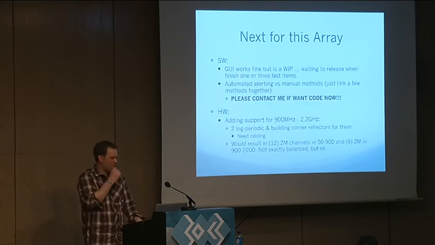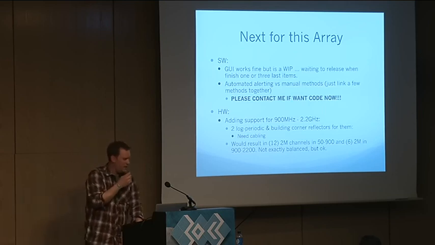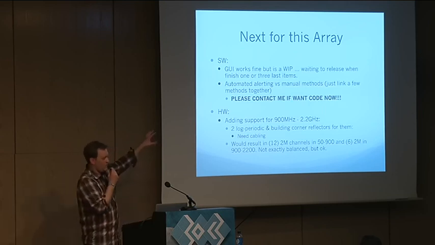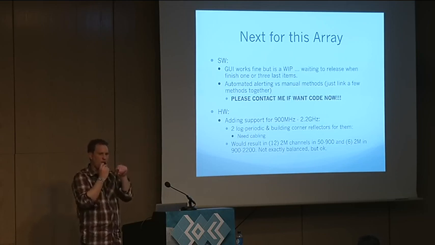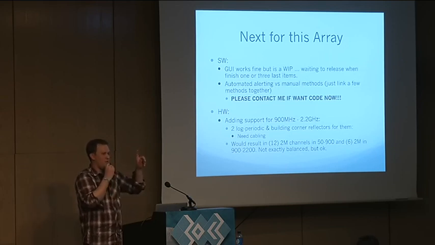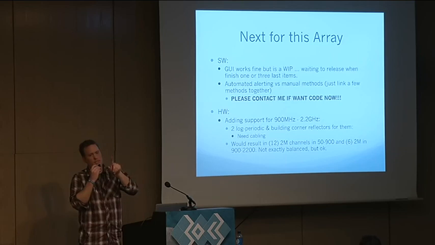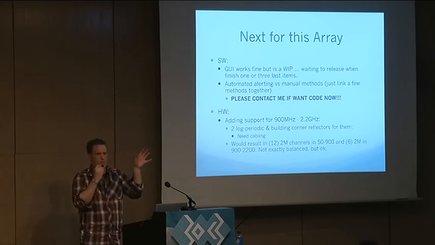So my next steps for this array, and I know I'm wrapping it up here, is basically, like I mentioned, work in progress in the GUI. There are a few things I want to clean up and then hook some of these other manual pieces together, so that instead of me clicking to stop scanning, starting the TCP stream, and clicking that I want the FM, it just does it.